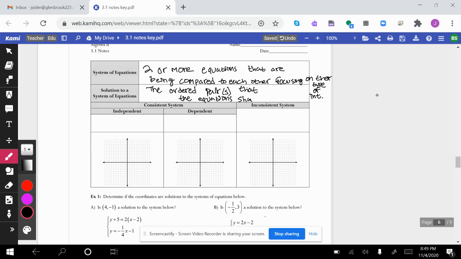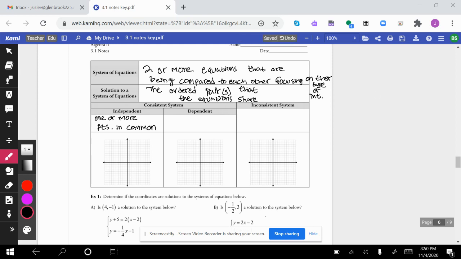And so we have a few different types of systems. We have an independent pair where one or more points are in common.